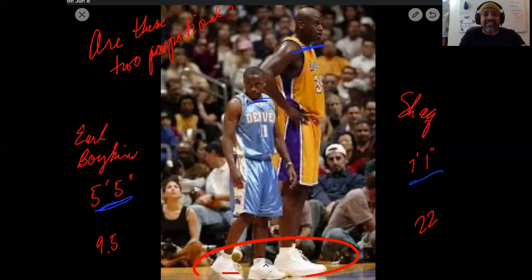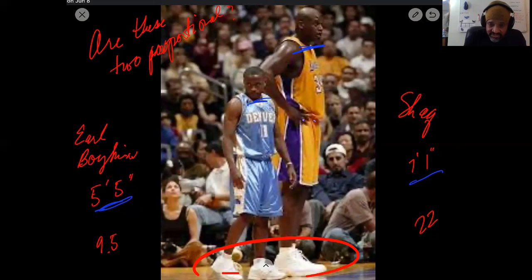So Shaq is obviously bigger than Earl Boykins, right? But the question is, are they proportional? Now, here's the kicker. Earl Boykins is definitely not as tall as Shaq, but he's over half Shaq's height. 5'5" is definitely over half of Shaq's height.